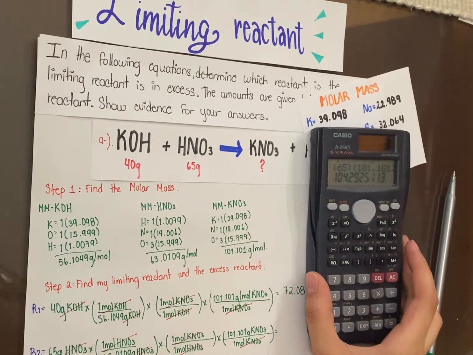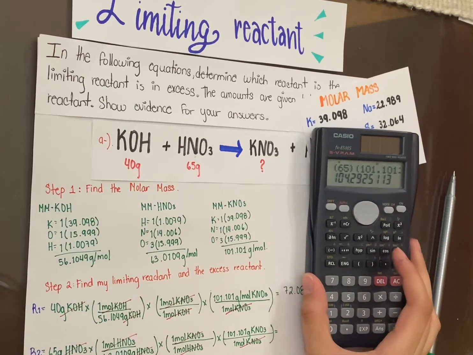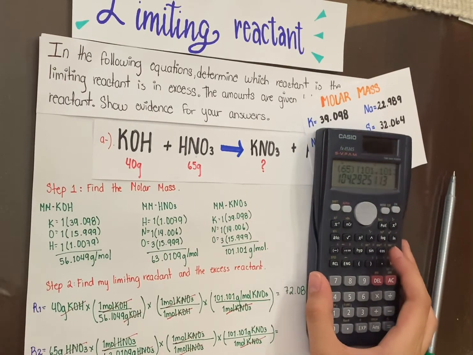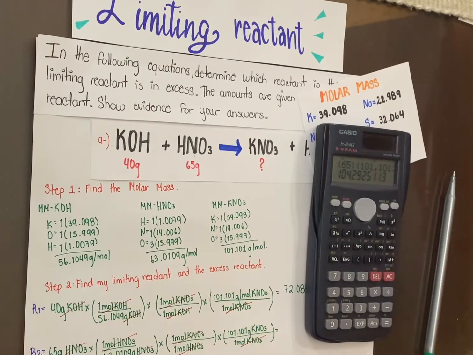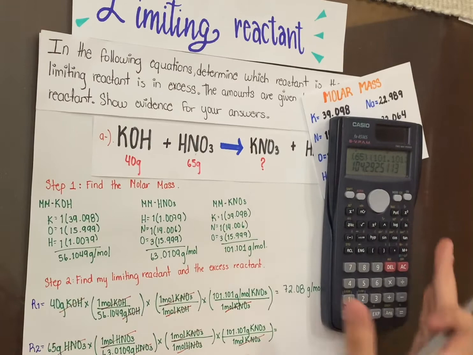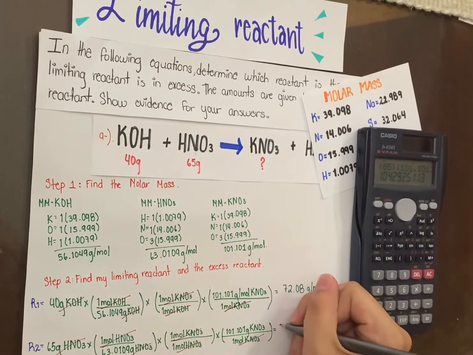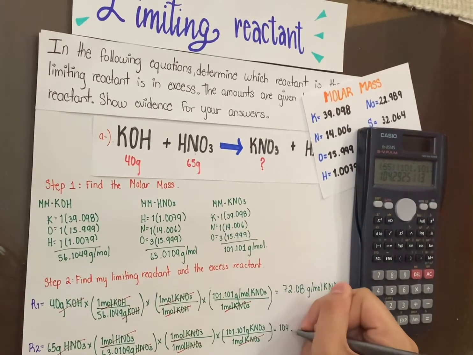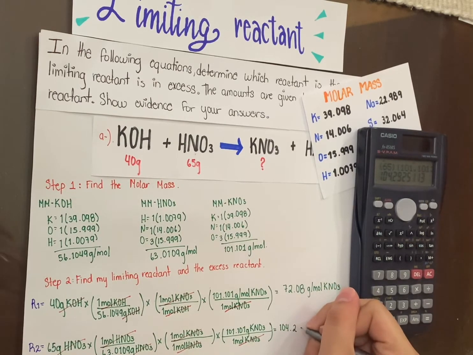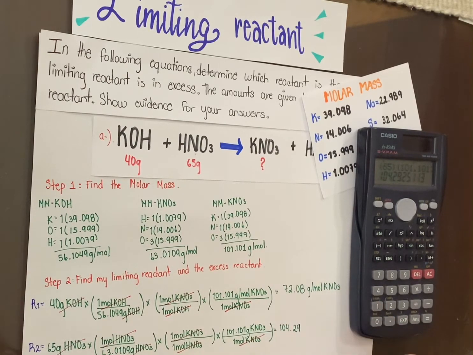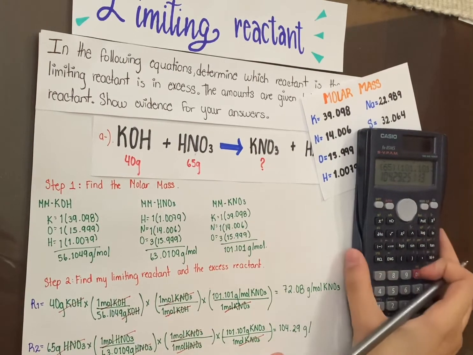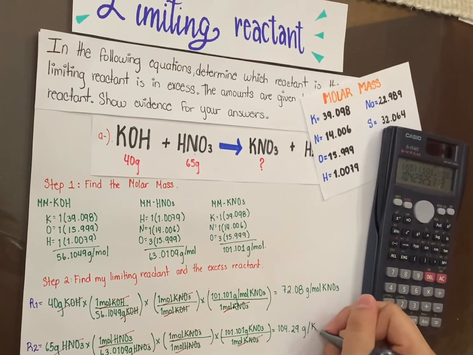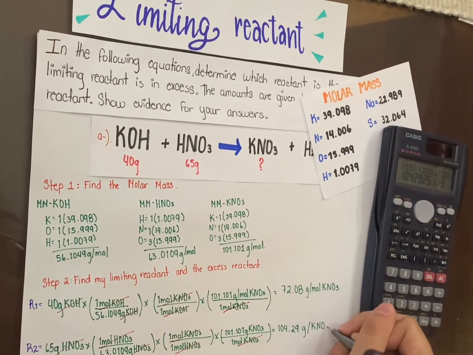This gives me 104.2925. We're going to round it and it will be 104.29 of potassium, nitrogen, and oxygen.